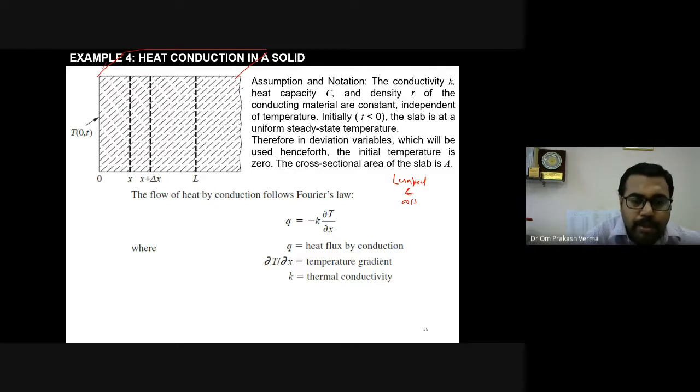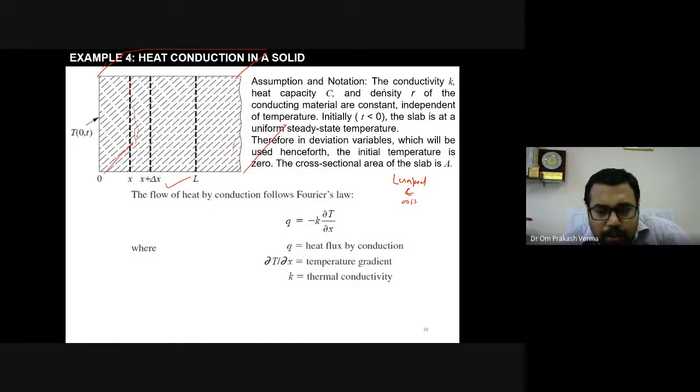If the material is like this one, then you can also consider the x, y, z coordinates. However, we have taken the simple example of a single coordinate. So the assumptions and notation here: the conductivity k, the heat capacity represented by C, and the density rho of the conducting material are constant and independent of temperature.